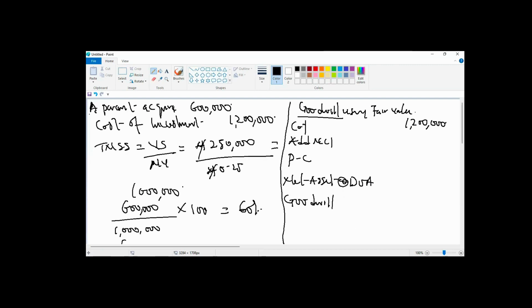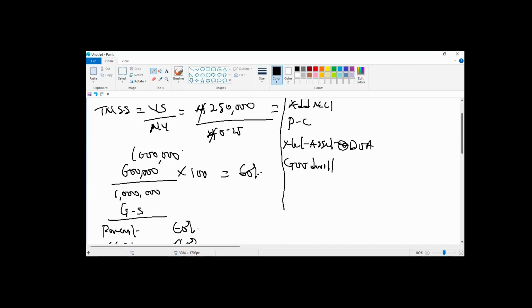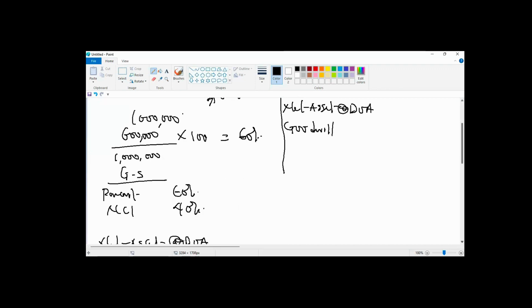That is for the fair value. For the share proportionate, the question also requested the goodwill using the SP, share proportionate method. Cost of investment, which is 1.2 anyway.